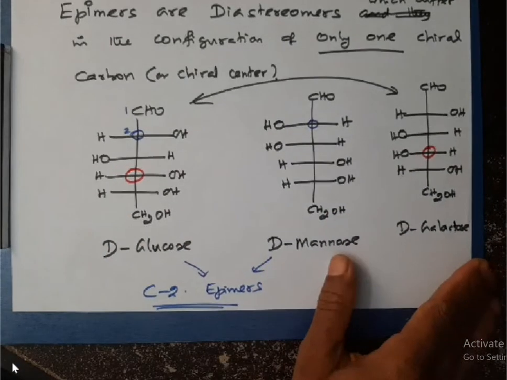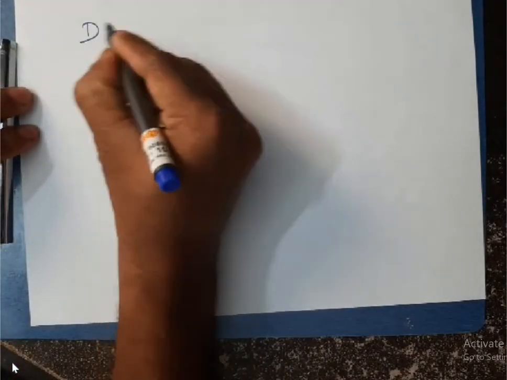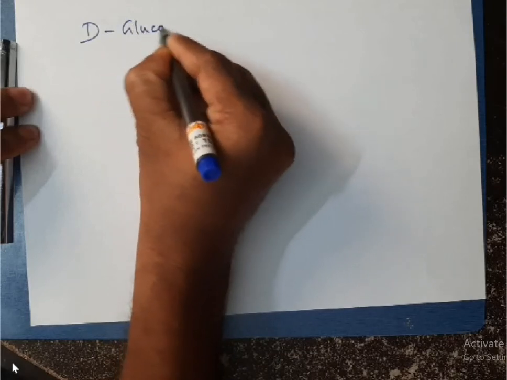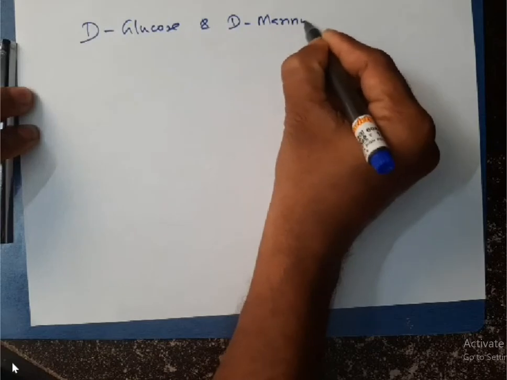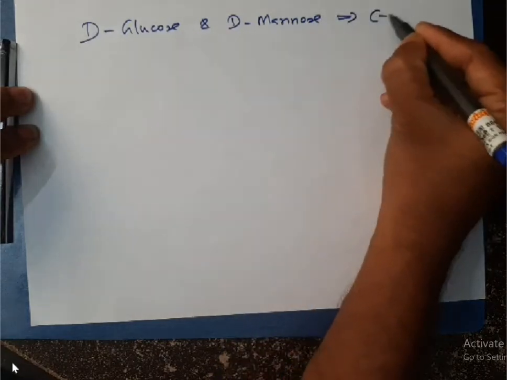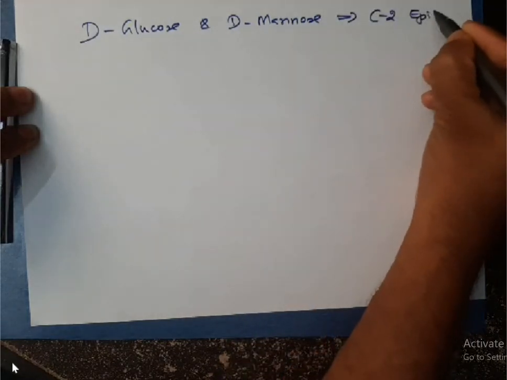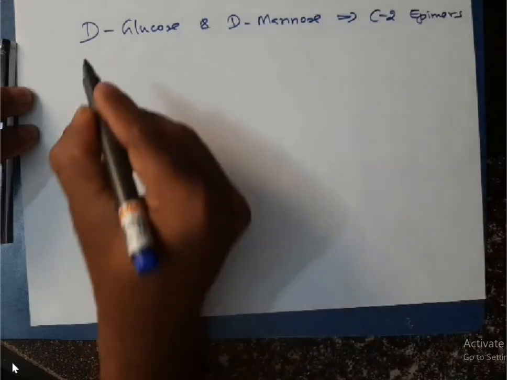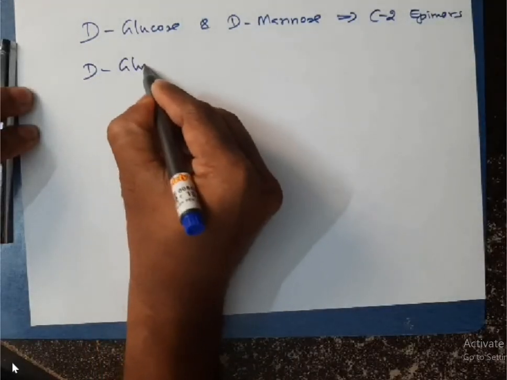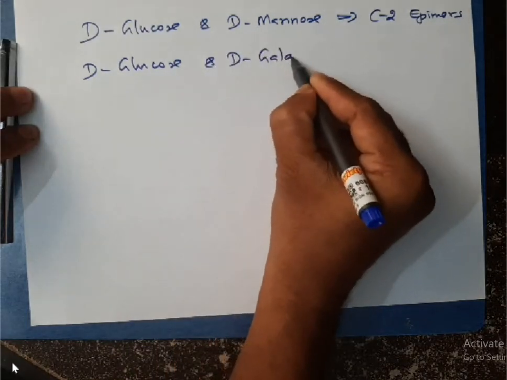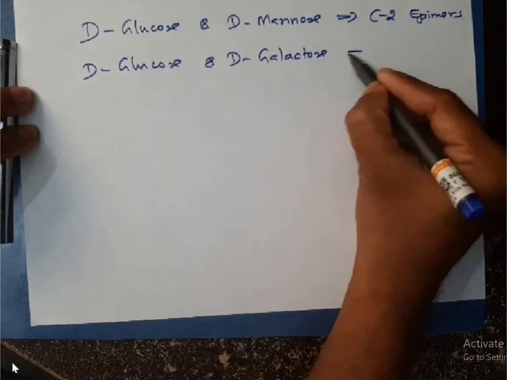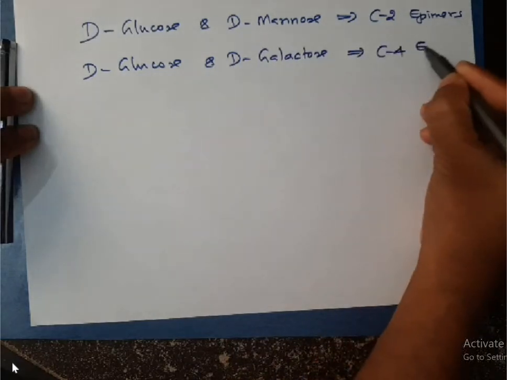Okay, let me write in the next page. See what I'm trying to say. D-glucose and D-mannose, these two are C2 epimers, whereas D-glucose and D-galactose are C4 epimers.